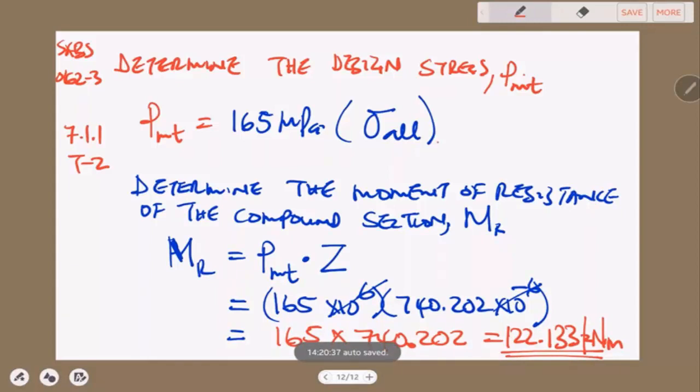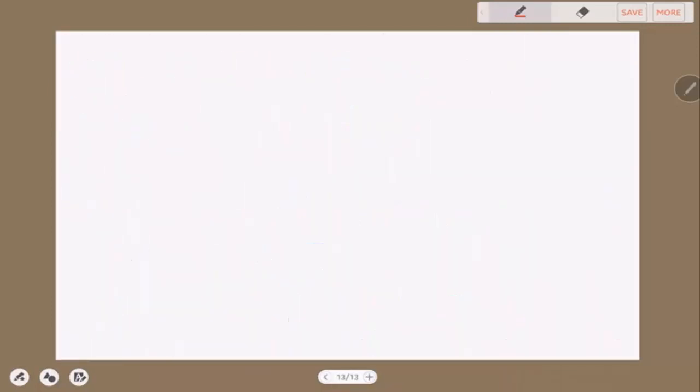From here, we can then determine the maximum total load which can be carried by the beam.